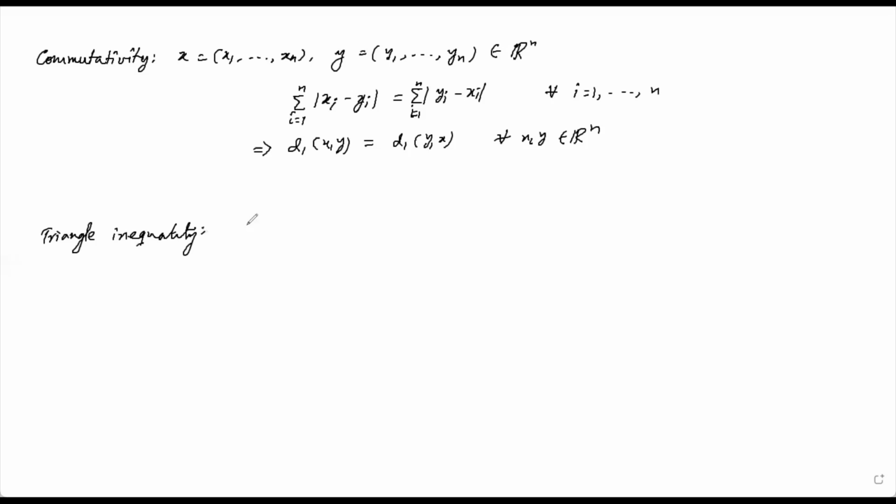Let us take another point, z equal to (z1, and so on, zn) from Rn.